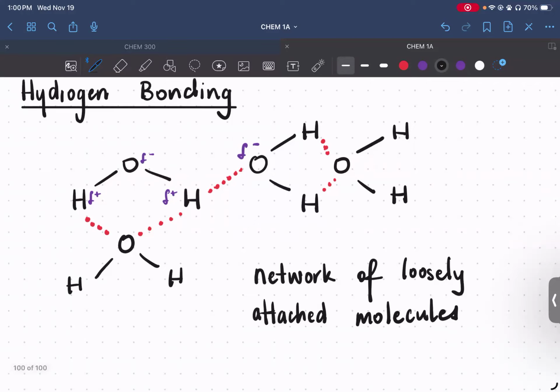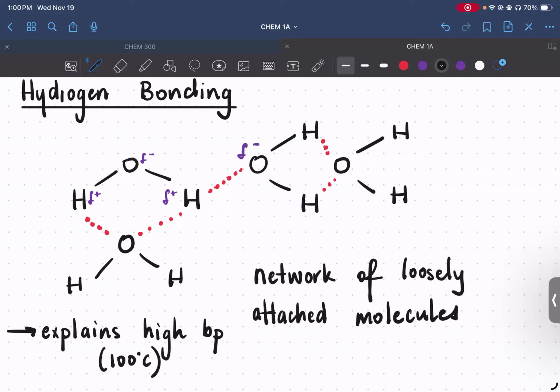In fact, hydrogen bonding is the phenomena that explains water's high boiling point. You see, to a lot of people, when they were first studying water, water has always been known for its stability, for its utility. One of the things that chemists couldn't quite rationalize is how could a molecule of just 3 atoms have a 100-degree boiling point?